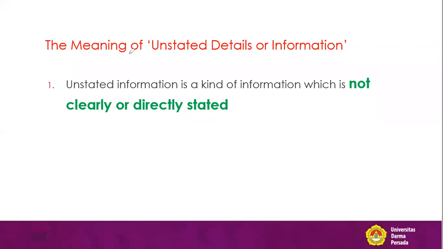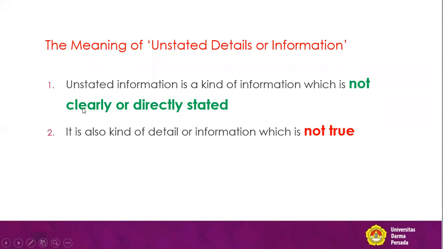Okay. Next. Number two, what does it mean by unstated detail or unstated information? It is also a kind of detail or information which is not true. So according to the TOEFL version, the meaning of unstated detail or unstated information is that which is not true.